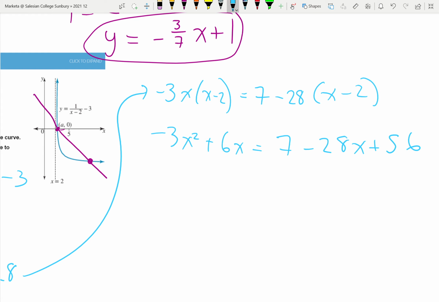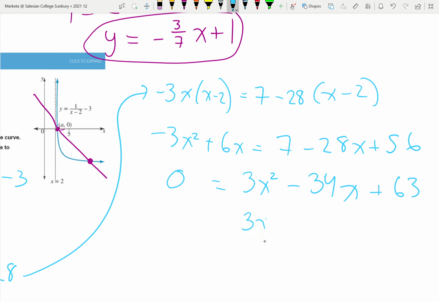And then, okay, let's take everything over to that side so that we can have a positive x squared in there. So that's going to be 0 equals 3x squared, negative 28x minus 6x, that's going to be negative 34x, and 56 plus 7 is 63.